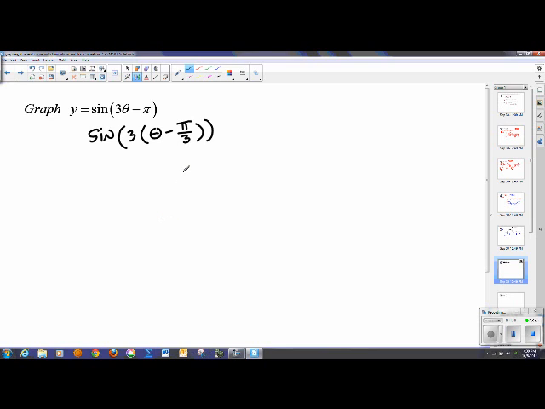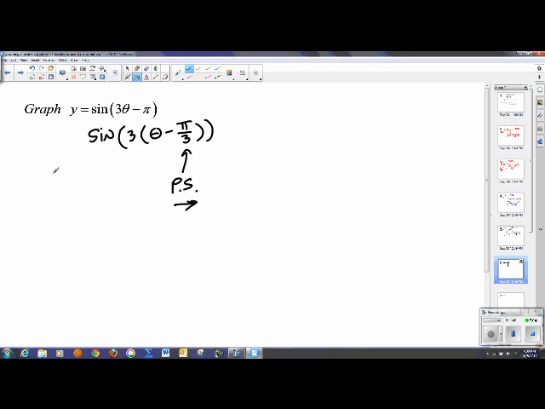Now, if I put my function in this form, this here is actually my phase shift. So I'm going to slide to the right pi over 3 because it's negative c over k.